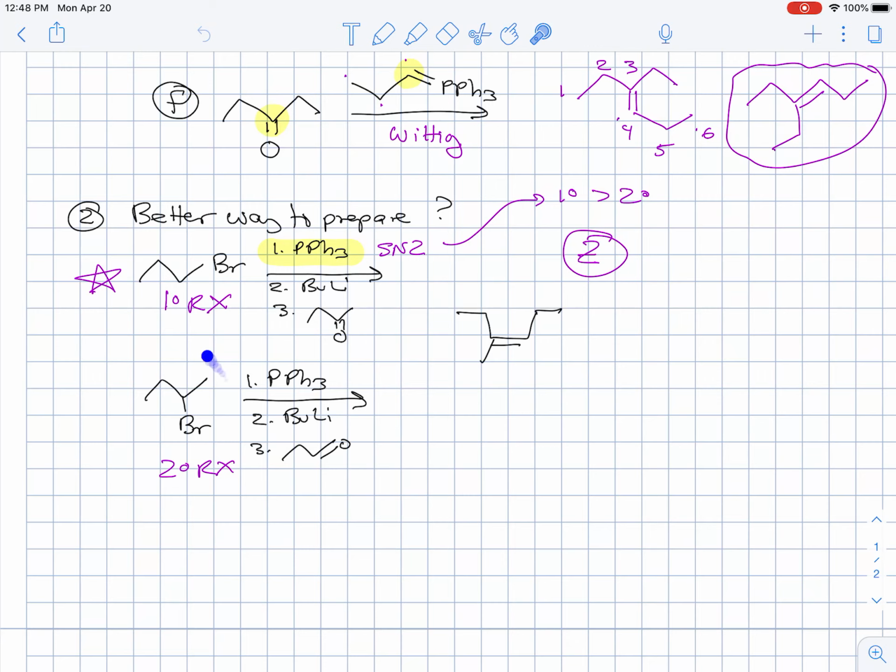Or we can take a secondary alkyl halide and do this SN2 to get an intermediate, and then add the butyl lithium and the aldehyde piece. And this top one is the better choice because of this first step, because you have a primary alkyl halide, which is a much more suitable SN2 substrate than a secondary alkyl halide.